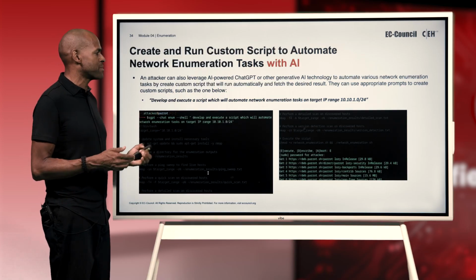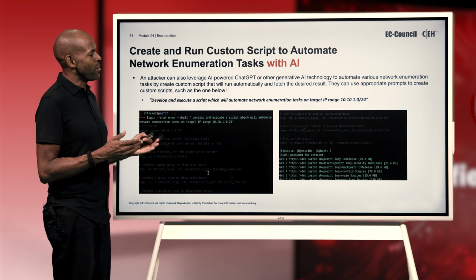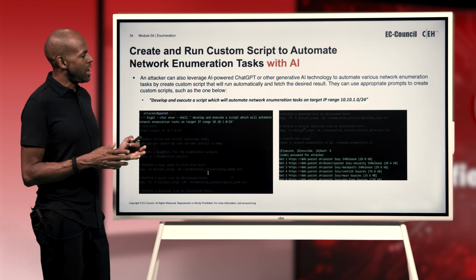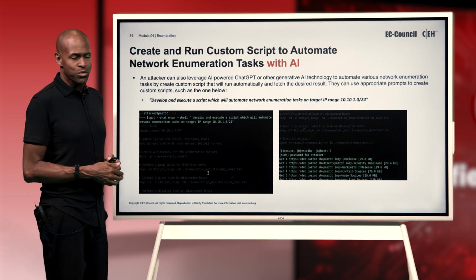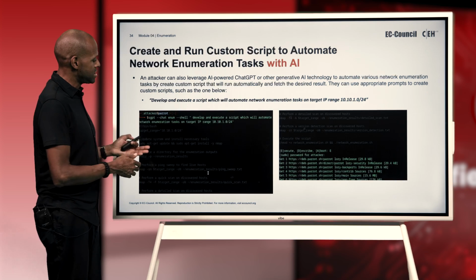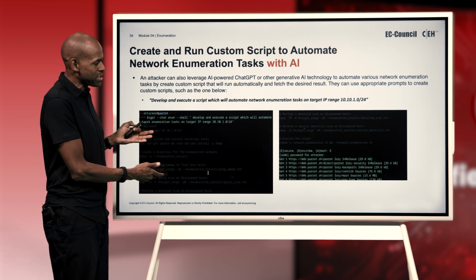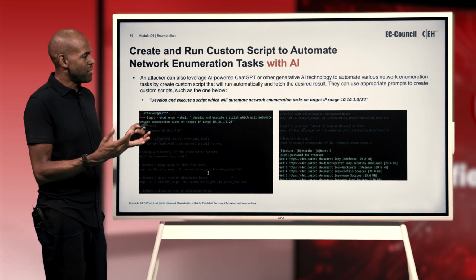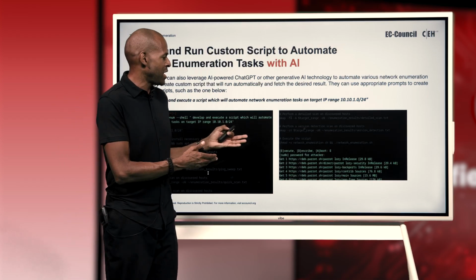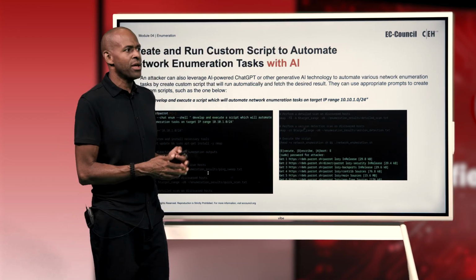Develop and execute a script that will automate network enumeration tasks on the target range of that /24 network. And so what it does is it goes through an iterative process automatically, and then it runs that detailed enumeration on the system.